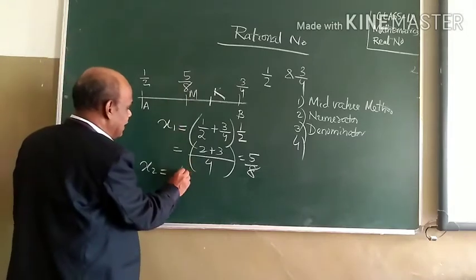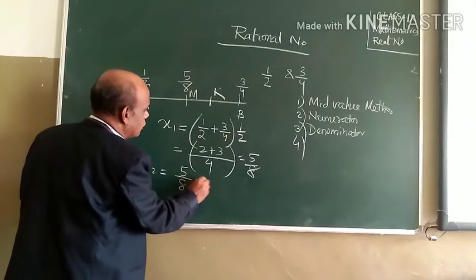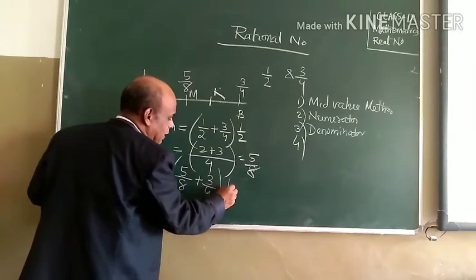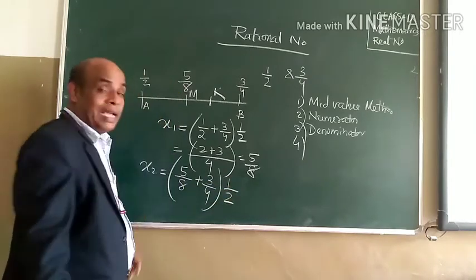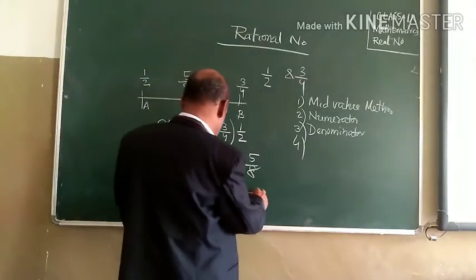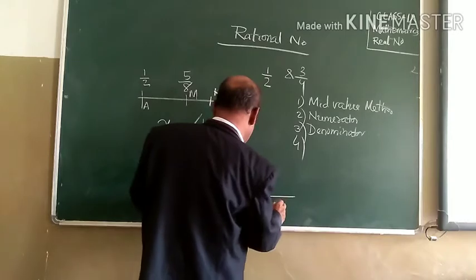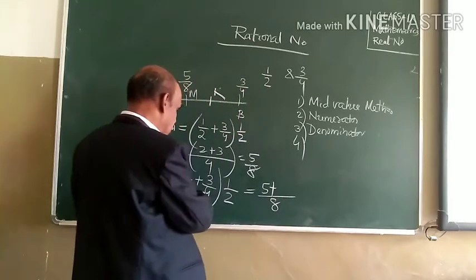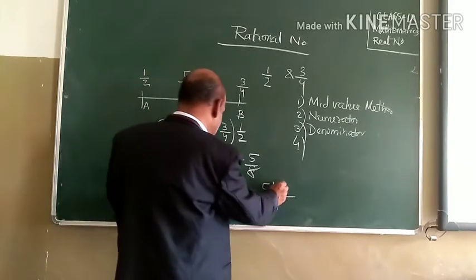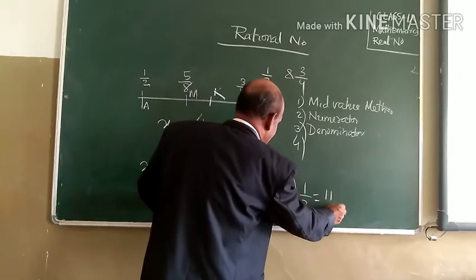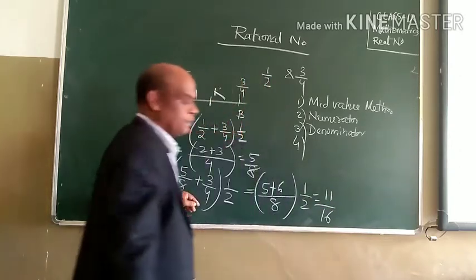That is 5 by 8 plus 3 by 4 divided by 2. Divided by 2 means into 1 by 2. After calculation, 8 is the LCM, 5 plus 3 into 2, 6, so 11 by 8 into 1 by 2, and we get 11 by 16.